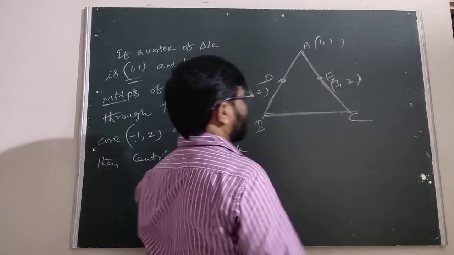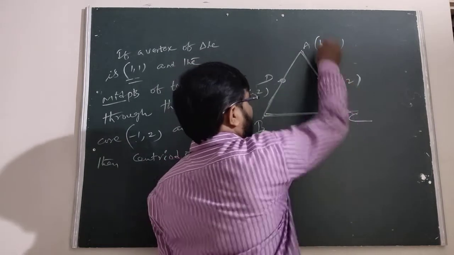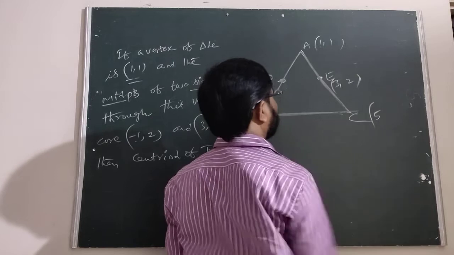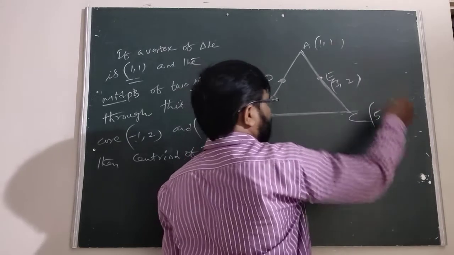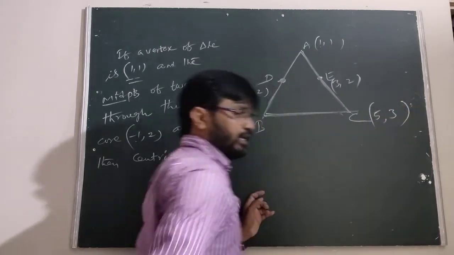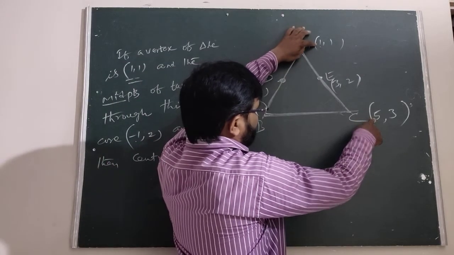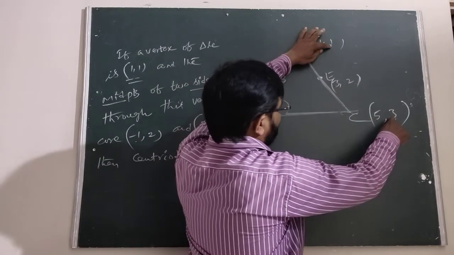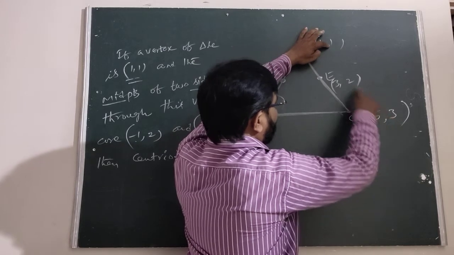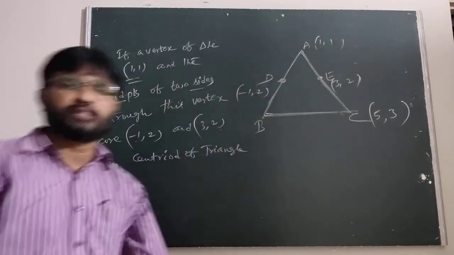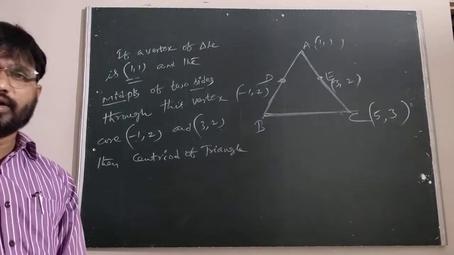That means 2 threes are 6, minus 1 is 5; 2 twos are 4, minus 1 is 3. Is it clear or not? Therefore, 5 plus 1 is 6, 6 by 2 is 3; 3 plus 1 is 4, 4 by 2 is 2. The midpoint is (x1 plus x2) by 2, (y1 plus y2) by 2.